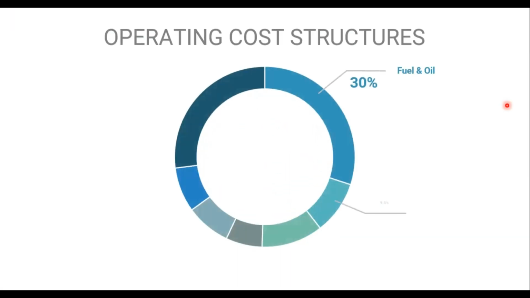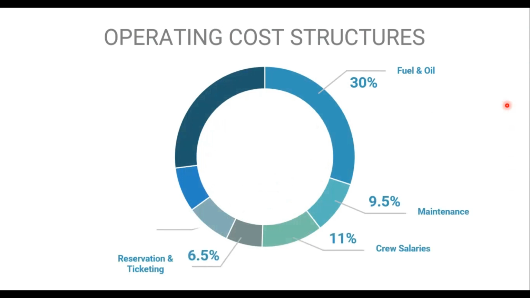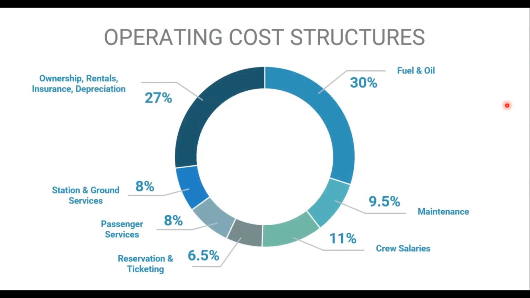We always say that the cost structure for any airline depends on 30% fuel and oil, 9.5% maintenance cost, 11% crew salaries, and 27% aircraft ownership, insurance, and depreciation. So the value of the aircraft contributes up to 27% of the airline economic value.